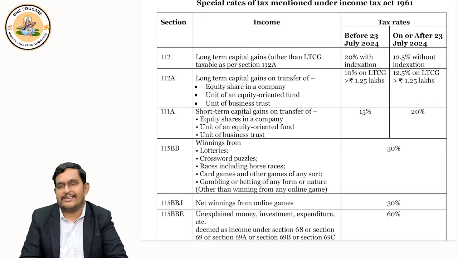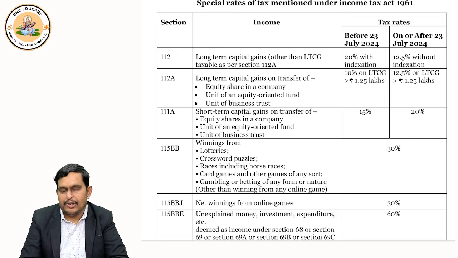What are those changes? Let's discuss which are common, which are regular. If you are into lottery, crossword puzzles, right? And you earn some casual income, like betting on horse races, 30% is the rate of tax.